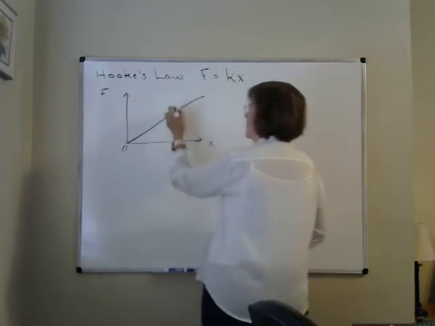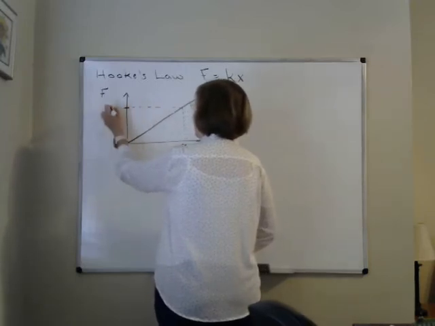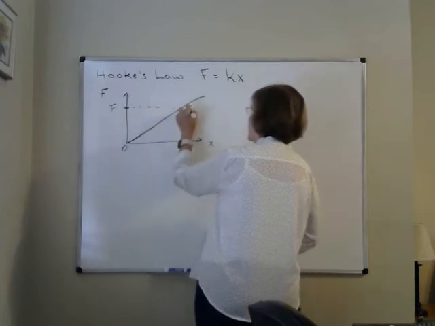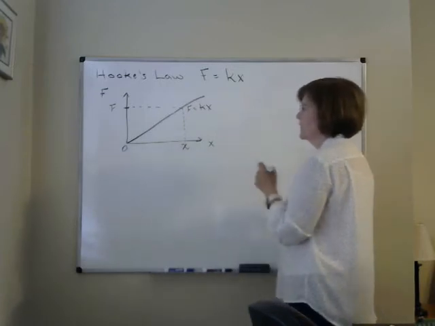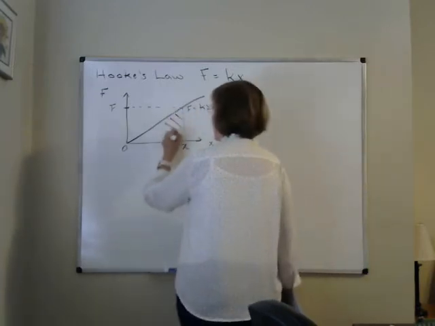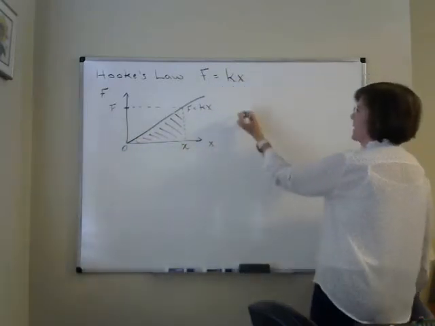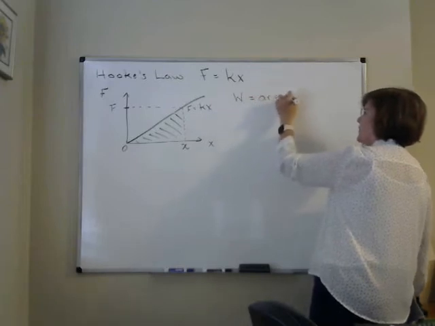I know that this height right here, this force, is equal to K times X. If I want to find this area, that's simply a triangle. So the work equals the area under the curve.